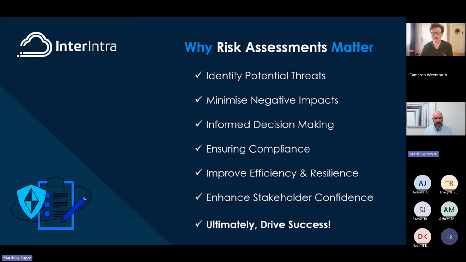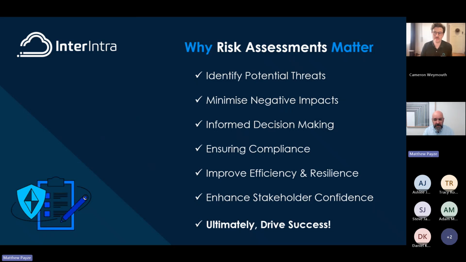So, for example, cyber attacks, safety incidents, supply chain issues, etc. Secondly, minimizing negative impacts. So once we understand the potential consequences of risks, it allows us to put in proactive measures to reduce their severity. For example, financial losses, reputational damage, potentially legal liabilities, etc.